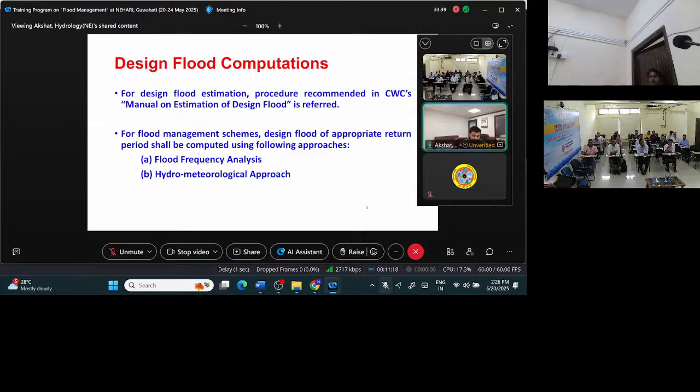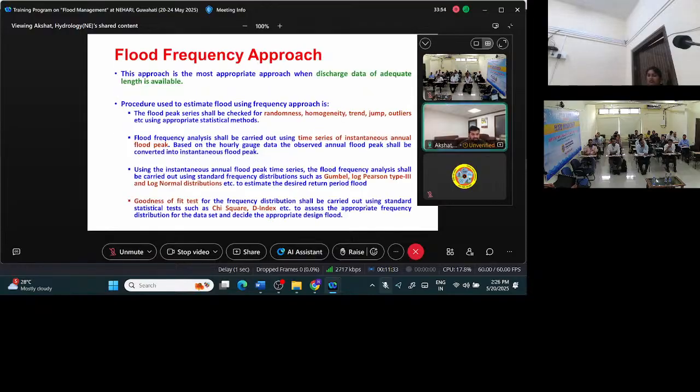In hydrometeorological approach, it is assumed that a 25-year return period rainfall will give a 25-year return period discharge. First we'll discuss the flood frequency approach. This approach is most appropriate when discharge data of adequate length is available.